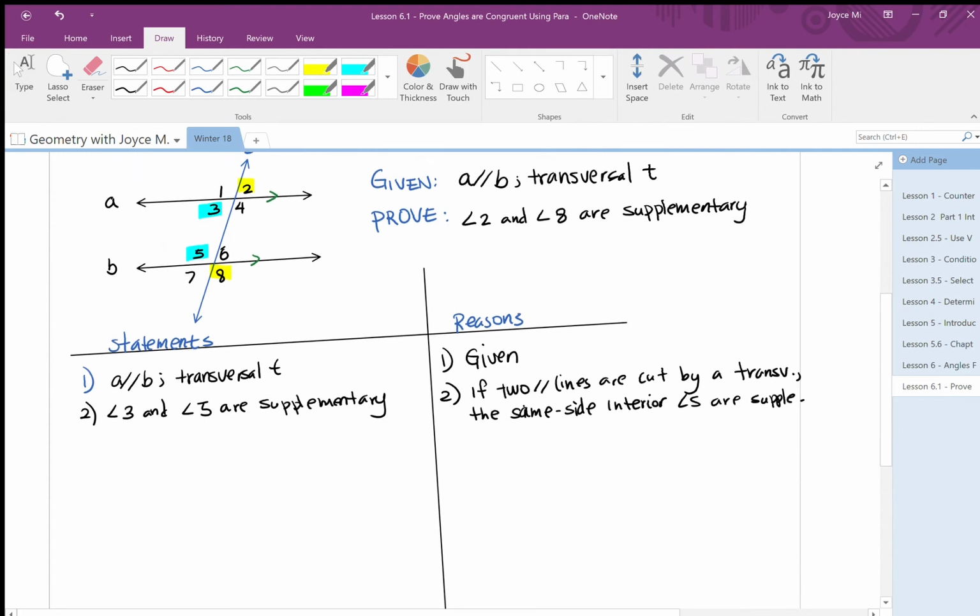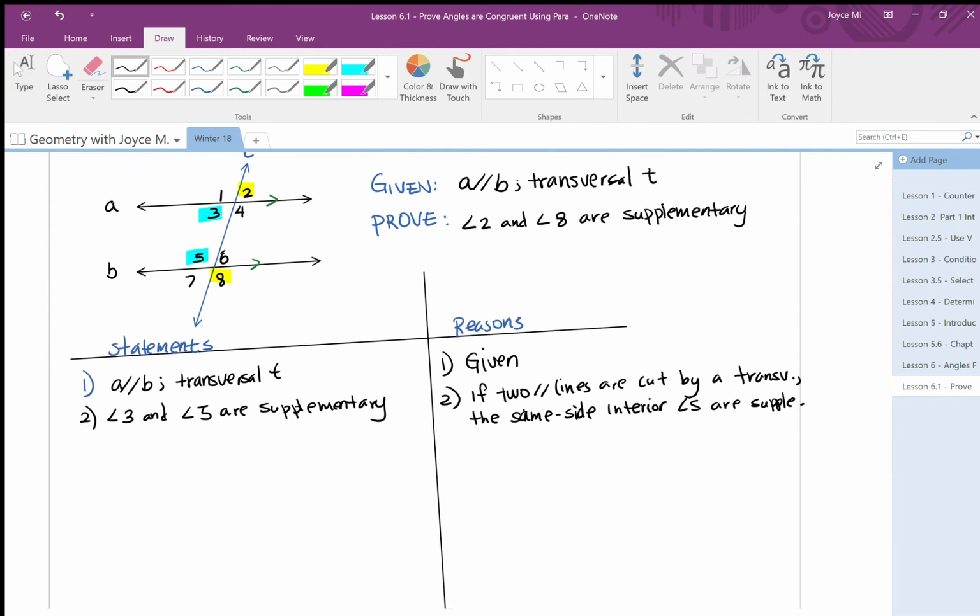I stated my reason. Now I say, well, what does supplementary mean? Supplementary tells me that the angles are going to add up to 180. The sum is 180. That's what it means. So let's write that. Number three, I would have the measure of angle 3 plus the measure of angle 5 is going to give me 180 degrees. My reason for that is if two angles are supplementary, then the sum is 180.